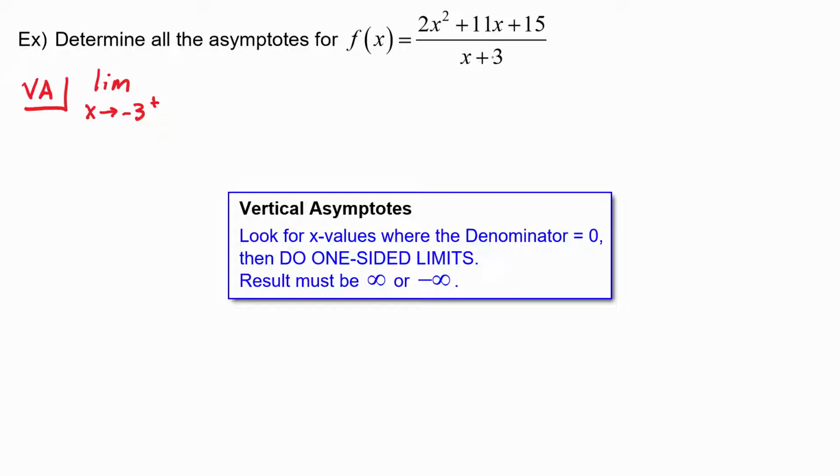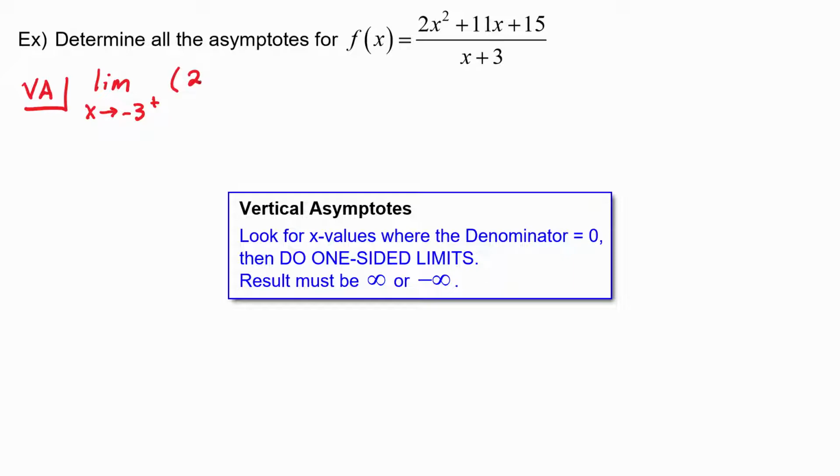Now, we have the function here. If we were to plug -3 into the function, of course the denominator is 0, the numerator would become 18 plus 15 is 33, and then 11 times -3 is -33, so we can see we would have 0 over 0. So let's go ahead and factor this numerator.